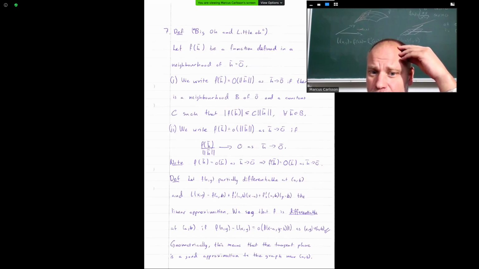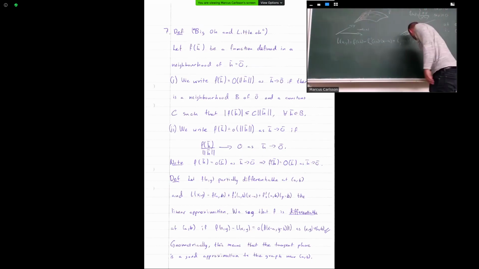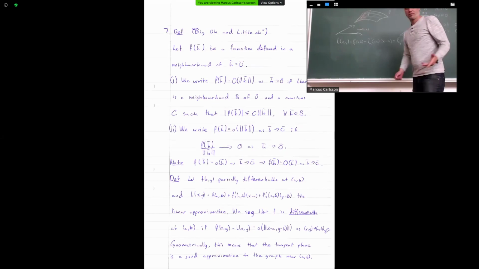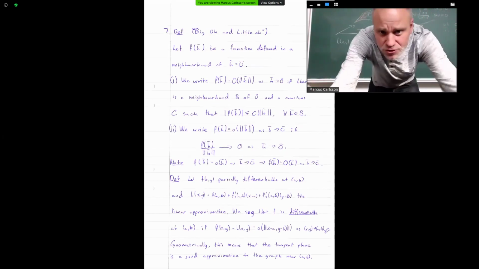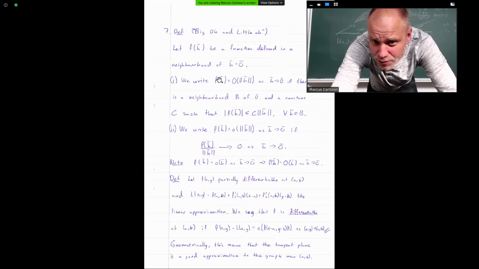So what does this mean? Anytime you see the left-hand side is ordo of something written here, it's not necessarily the norm. It just says that the left-hand side is bounded by the right-hand side in the sense that there exists a constant such that this holds, right?